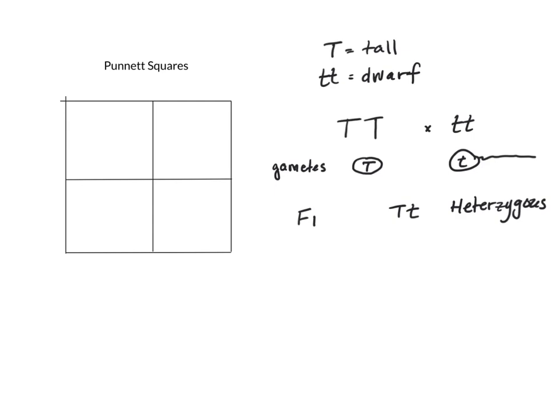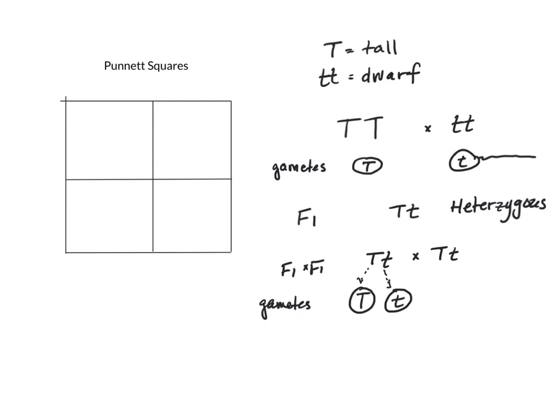Okay, if we do an F1 cross, so we take an F1 by an F1, a heterozygote by another heterozygote, then let's figure out what those offspring are going to look like. We do this again by figuring out what the gametes are going to be. Our gametes from the first parent, which we'll say is the female, can make two types of eggs: eggs that have a dominant allele, or eggs that carry the recessive allele.